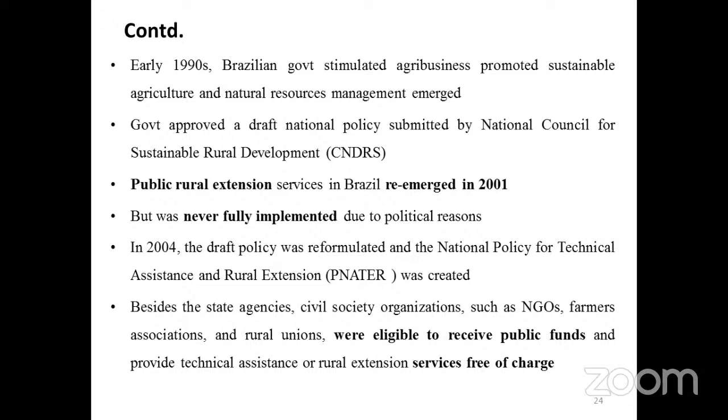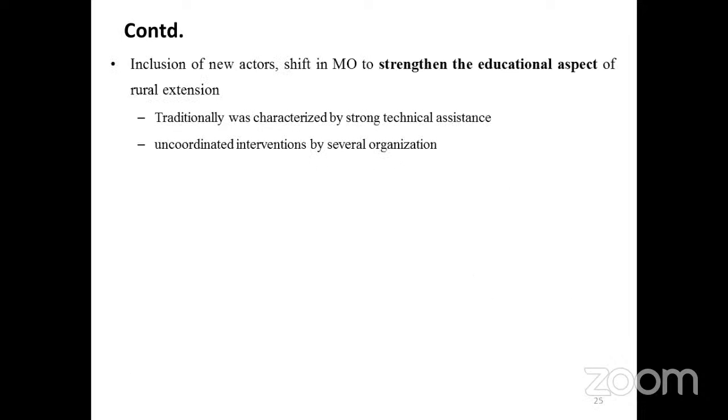But the situation has changed a little bit. Now the state agencies provide funds to civil organizations, NGOs, and farmers' associations, so that they can provide extension services free of charge to the farmers and whoever requires it. So this is how it goes in Brazil.